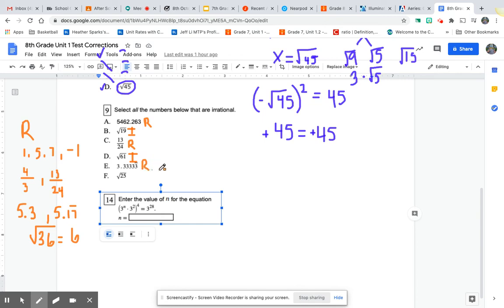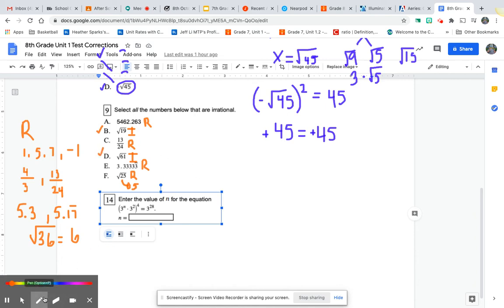Rational because the number is a decimal that repeats. And then square root of 25 is rational because this number is equal to 5. Okay, so you need to select all the numbers below that are irrational. It would have been B, D.